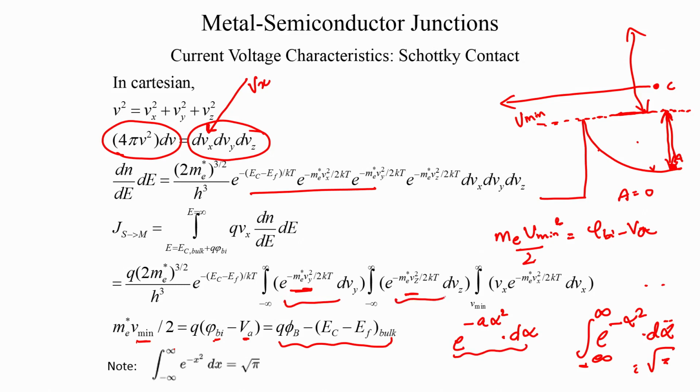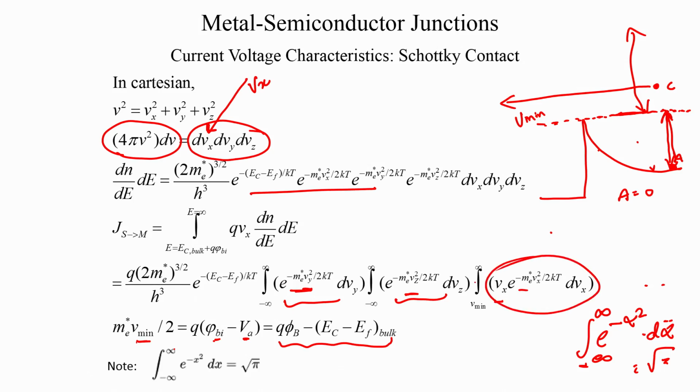So, these two are easily calculated, they are constants, they are independent of Vx. But this integral is special because it is not the Gaussian integral. It has got a Vx into e to the power minus m_e Vx square by 2kT dVx, so this integral is going to give you a different answer.